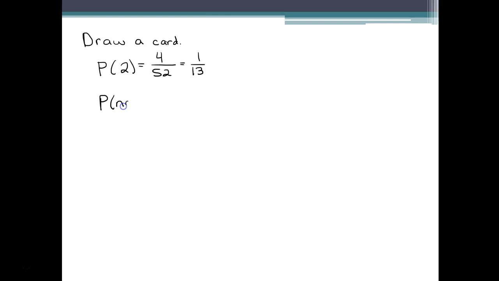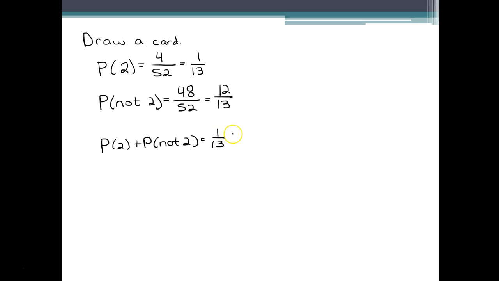Well, the probability of not getting a 2, there's 48 other cards that are not 2s out of 52. That reduces to 12/13. But notice the probability of 2 plus the probability of not 2 is 1/13 plus 12/13, which equals 13/13, or 1.